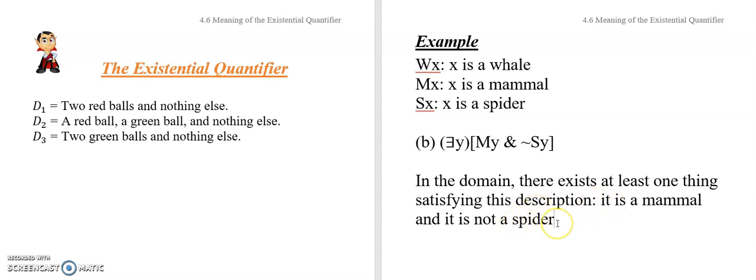It's a mammal and it's not a spider, okay? That's what the sentence says. Let's try C together. So this one's a bit of a monster, but it looks like that. Go ahead and give that one a shot, and this is the answer to B, so you can use this as a template if you like.